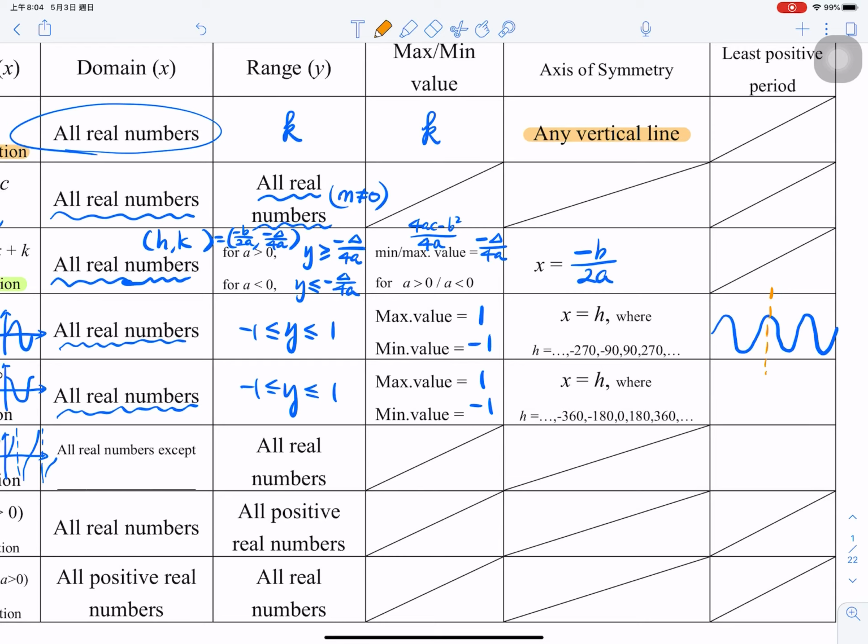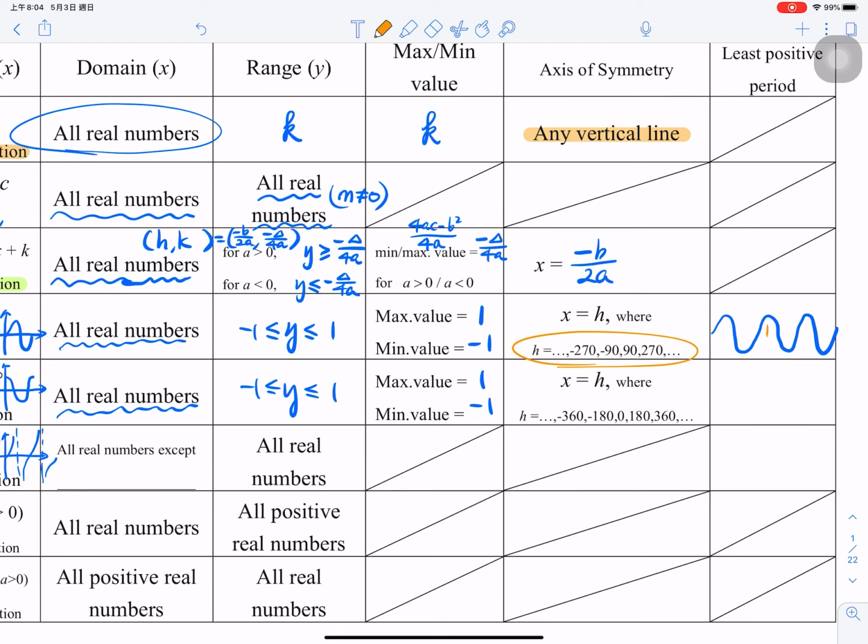For example, this one at 90 degrees. Or how about this, 270? It can also have the properties of symmetry. So x equals h for certain values of x can be the axis of symmetry.